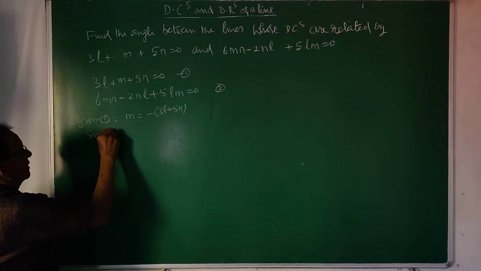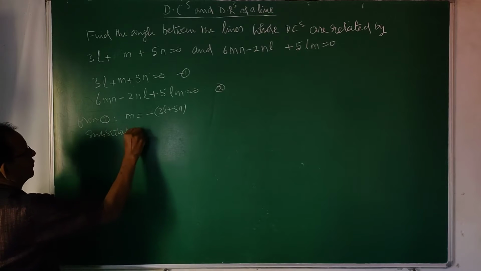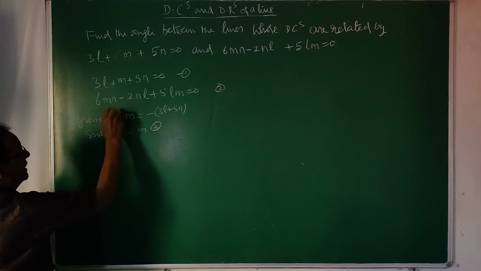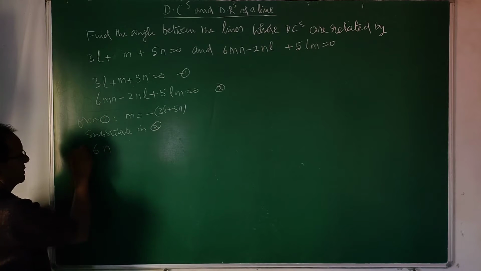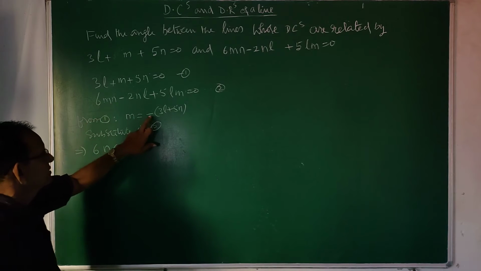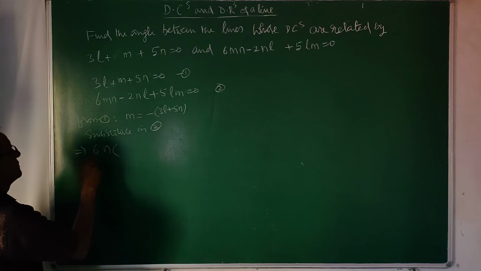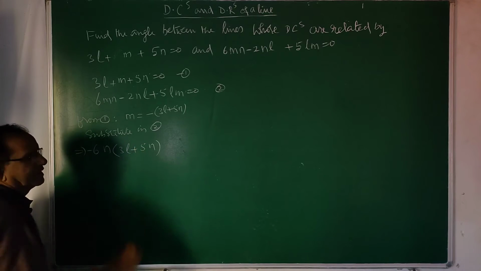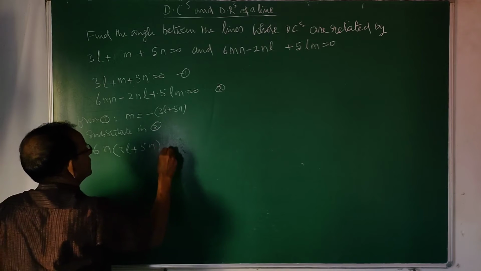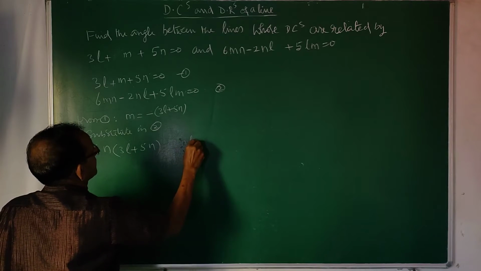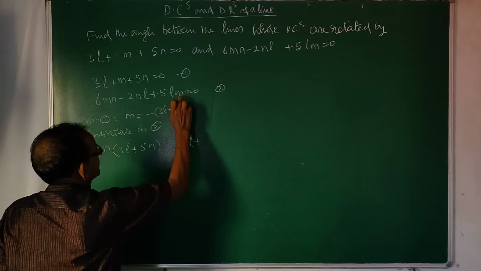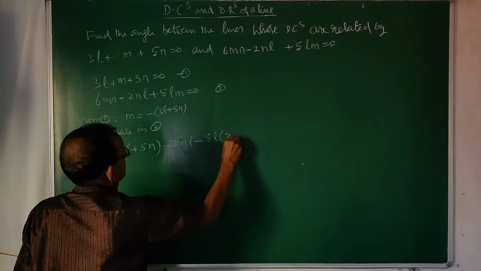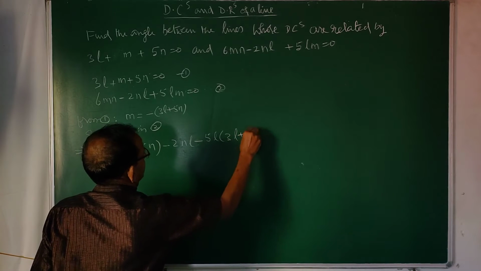Substitute in 2. In place of M, you have to write M is minus of 3L plus 5N. I will put minus sign here: 6N into minus of 3L plus 5N, plus minus 2NL plus 5L into M. Again M is there, you have to put minus sign here: 5L into 3L plus 5N equal to 0.